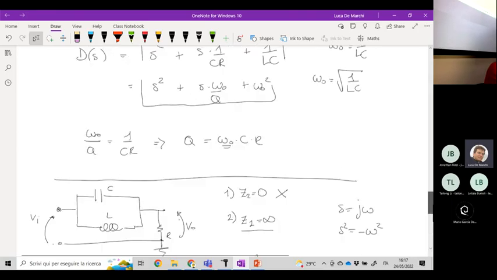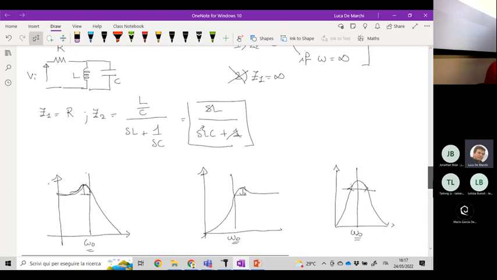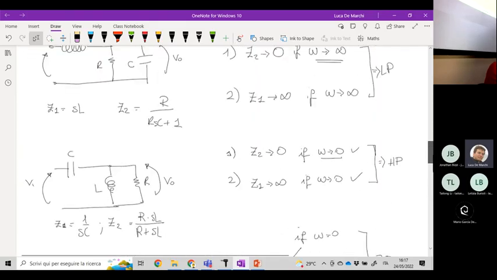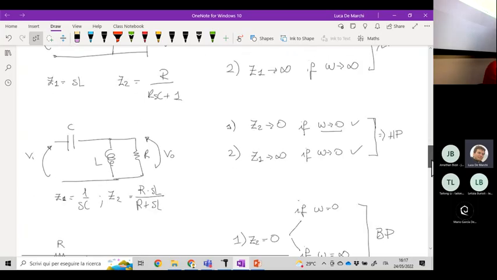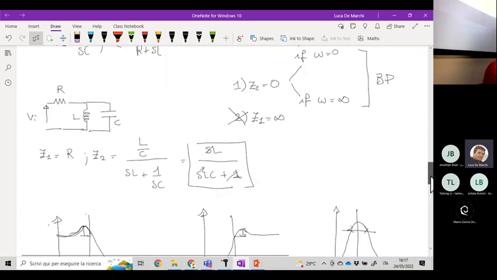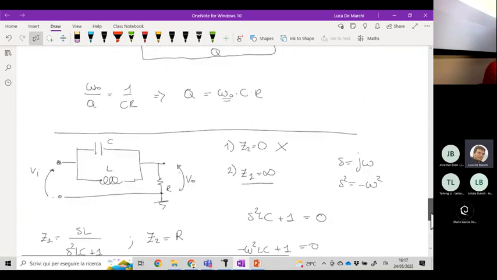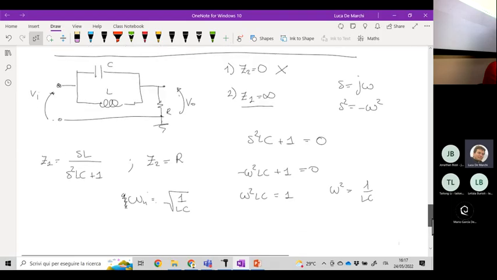Yesterday, in particular, we went through the analysis of the implementation of the low-pass filter, the high-pass filter, the band-pass filter, and finally the notch filter. With the notch, we have the input provided at this node, where we face the parallel between the capacitance and the inductance.